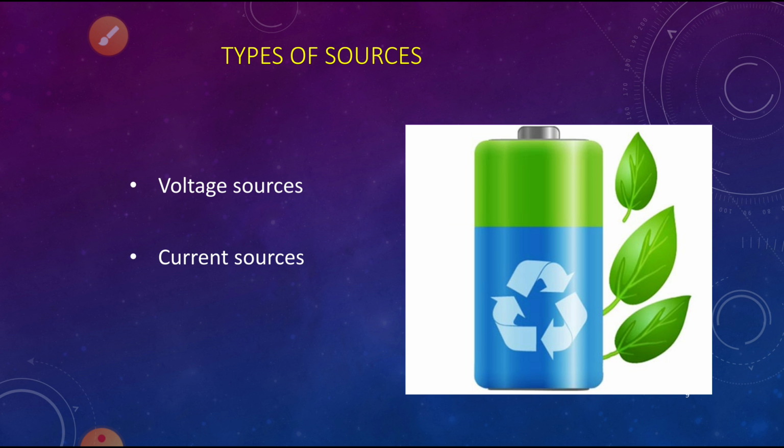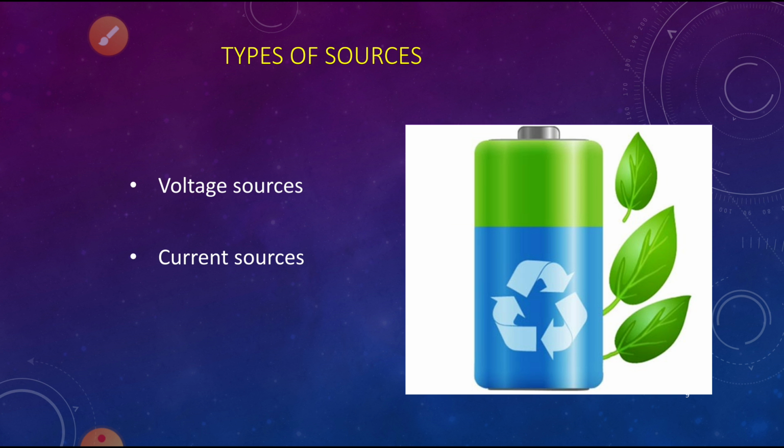What is the ideal voltage source? What is the practical voltage source? What is the difference between the ideal voltage source and the practical, non-ideal voltage source? We will see its characteristics. After that we will see what the current source is and what the non-ideal current source is. It's a very easy and interesting topic.